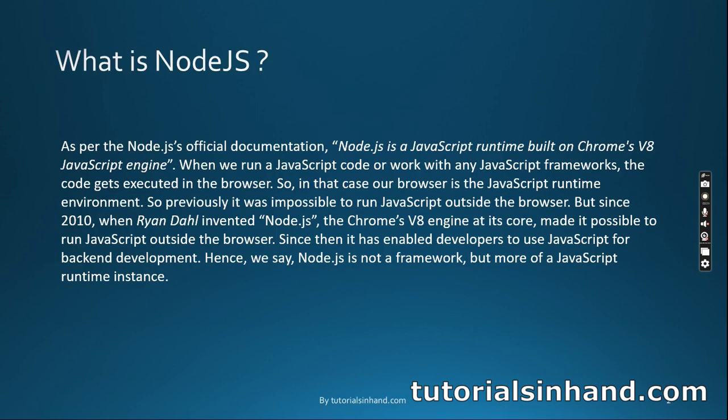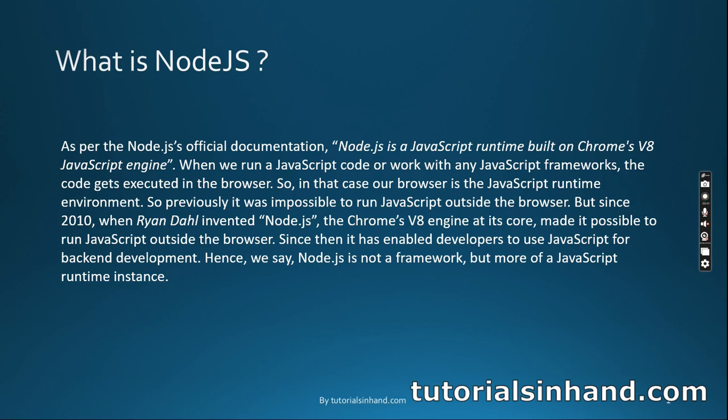So what is Node.js? As per the Node.js official documentation, Node.js is a JavaScript runtime built on Chrome's V8 JavaScript engine. When we run a JavaScript code or work with any JavaScript framework, the code gets executed in the browser. So in that case, our browser is the JavaScript runtime environment.